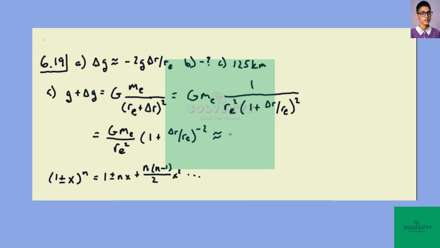Right, we have g times 1 plus nx, n is negative 2, so we get minus 2, and then x is delta r over re.